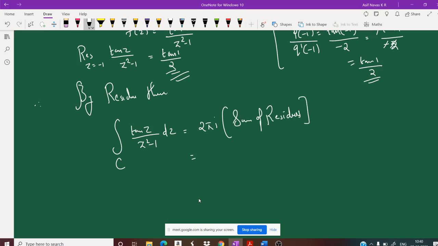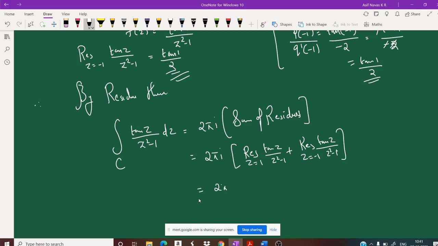And tell me what the residues are. 2 pi I into the residue at z equal to 1 of tan z divided by z square minus 1 plus the residue at z equal to minus 1 of tan z divided by z square minus 1.